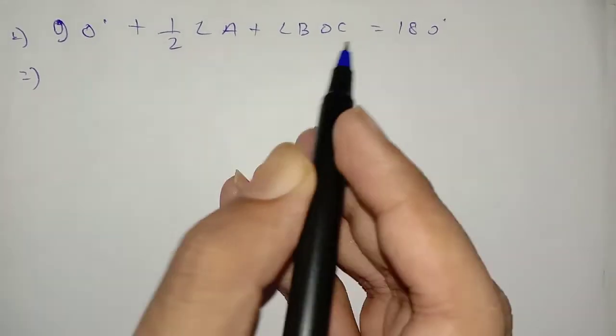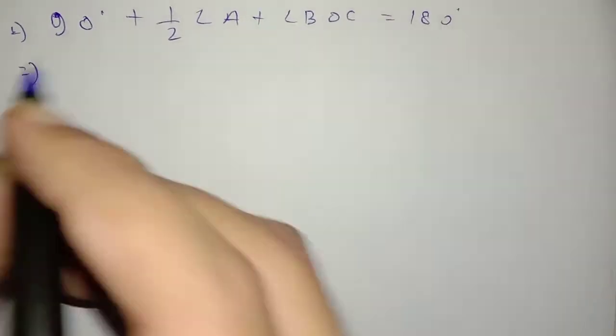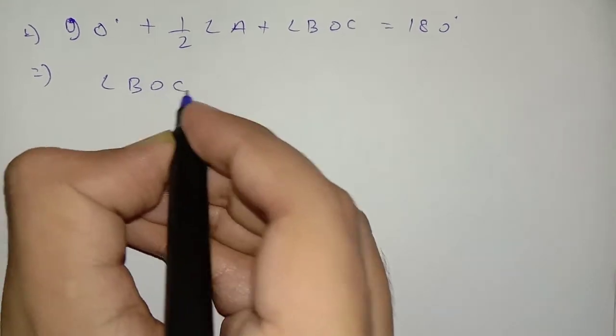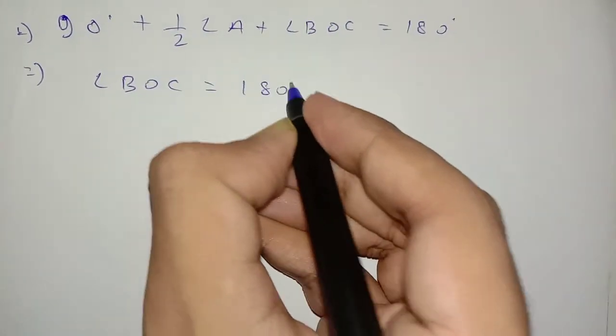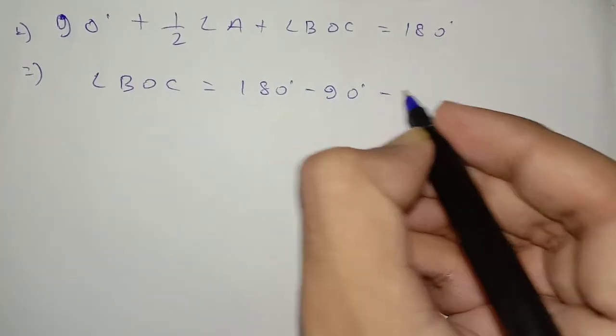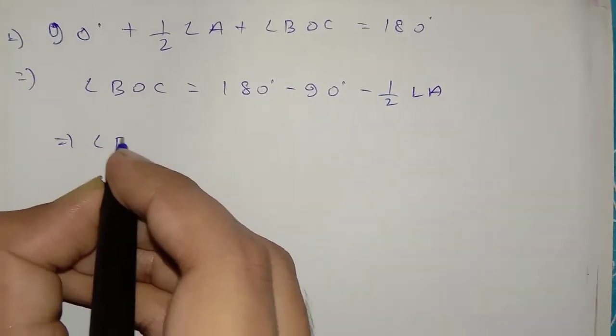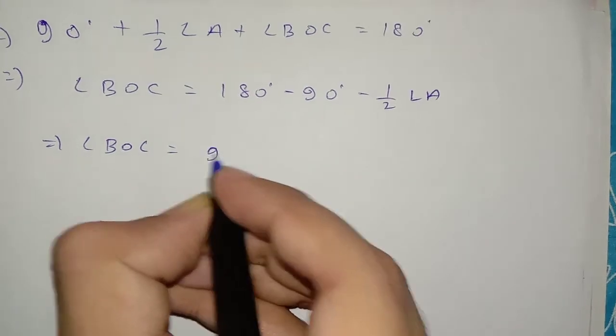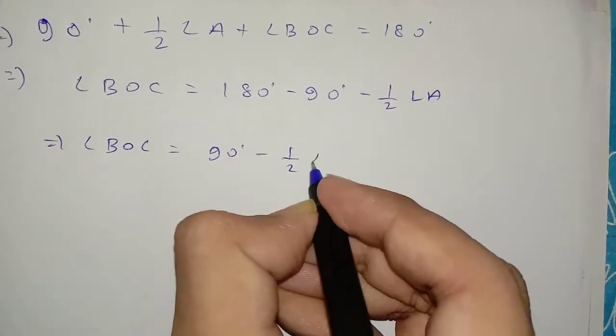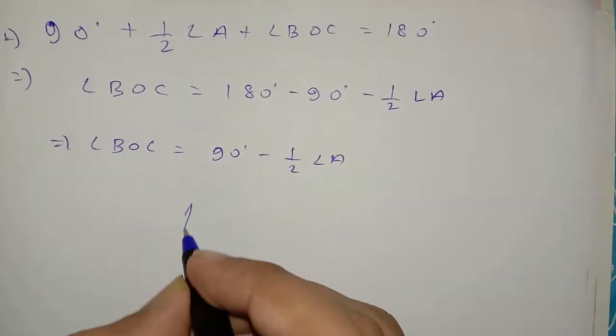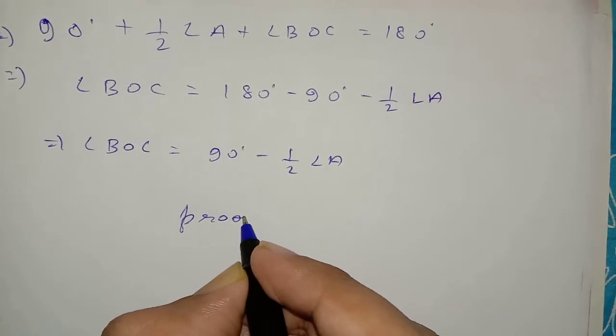Now we will take 90 degree to this side and half angle A to this side. So angle BOC is equal to 180 degree minus 90 degree minus half angle A. So angle BOC is equal to 90 degree minus half angle A. Hence we have proved our first problem.